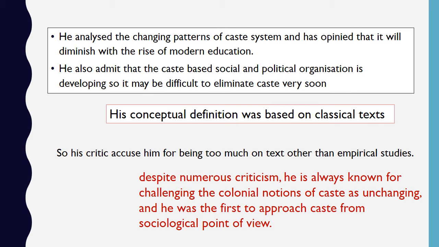He also depends on the verbal narrations of the beliefs that people had. That's why his critics have criticized him for giving his view of the caste system only on the basis of texts written so long before. He is not doing an empirical study. An empirical study would mean going to the field, talking to each and every person, and getting actual data from it.